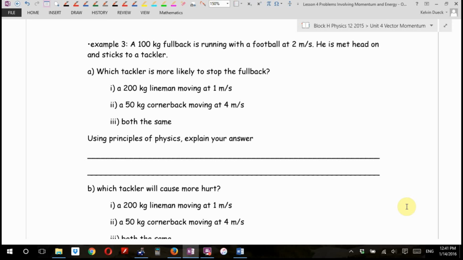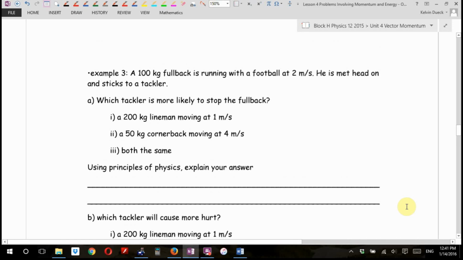What do you think? Yeah? What, first of all, what's the momentum of the runner? Of the fullback? Okay, so let's make a little note here. P fullback equals 200. Yes? I can do that in my head. What do we want his final momentum to be? As a number? 0?